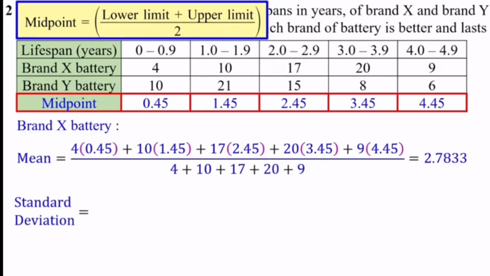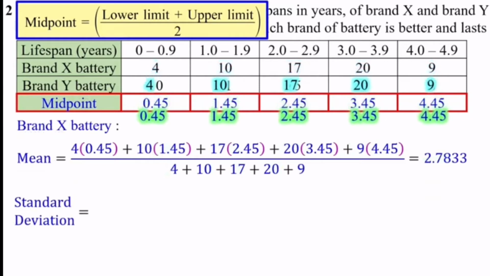So let's find the standard deviation for the brand X battery. We will focus on the frequency. We copy down the blue one, and we will multiply with the green one, which is the midpoint, but we need to square the midpoint.